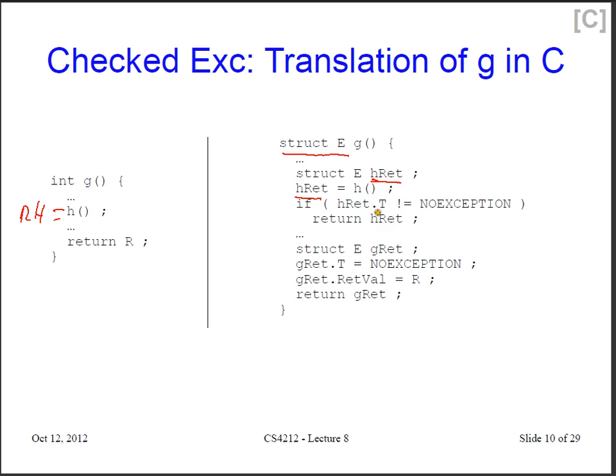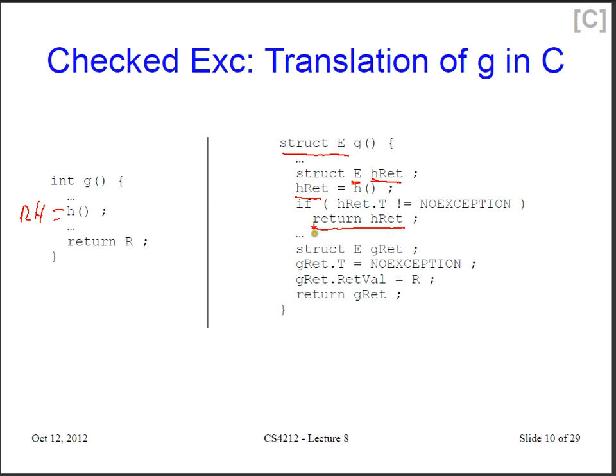We check the type, all right? And because we're not handling any exceptions here, the only thing we can do is check whether T is an exception or not, right? If it's different from no exception, then an exception is being thrown. What can we do in that case? We can't handle it, so we can rethrow. That's all. We can take hret, which is also a struct E, so it's a valid return value for G, and we can return it, and whatever exception is encoded inside here will be made available to F, which can handle some of the exceptions.